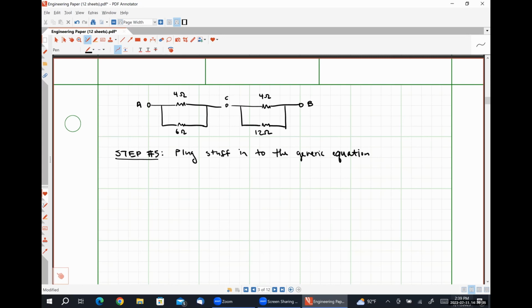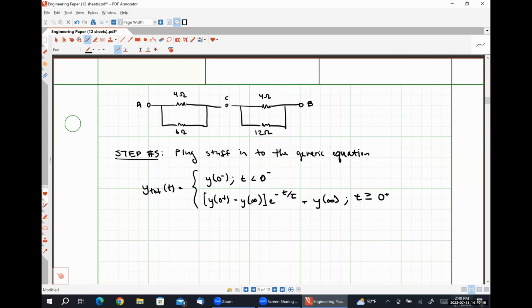So the generic equation, to remind you guys, is y total is equal to y at 0 minus for t less than 0 minus, and it will be y at 0 plus minus y at infinity, e to the negative t over tau, plus y at infinity for t greater than or equal to 0 plus.